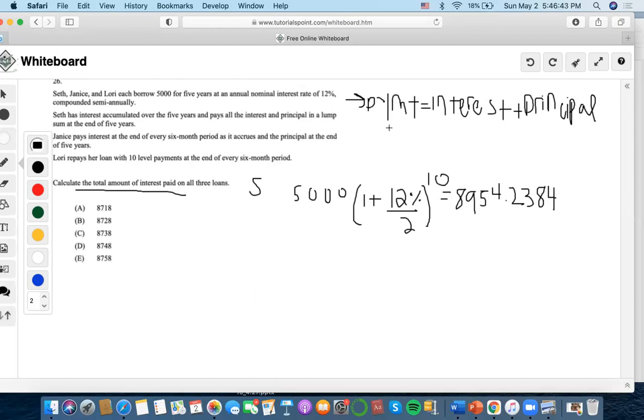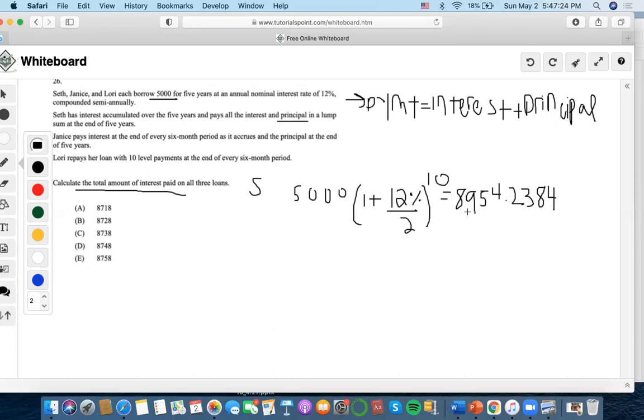So the concept here is, it also says that not only does he pay all the interest, but he also pays the principal in a lump sum at the end of the 5 years, right? So what exactly is the principal in this case that is being paid out? The principal is the amount that the person borrows, which is 5,000, right? And at a nominal interest rate, we are required to pay back an amount of interest every year.